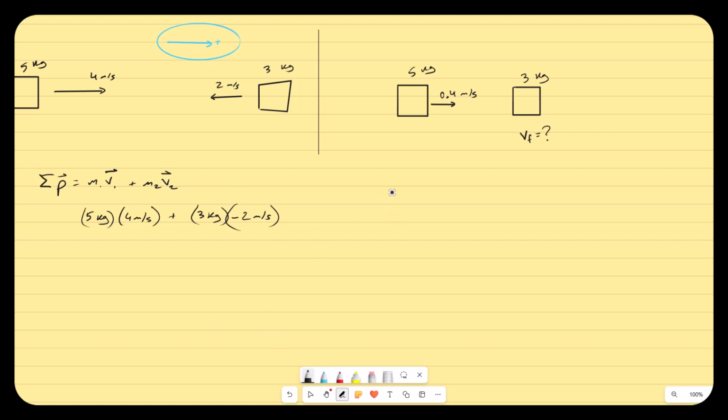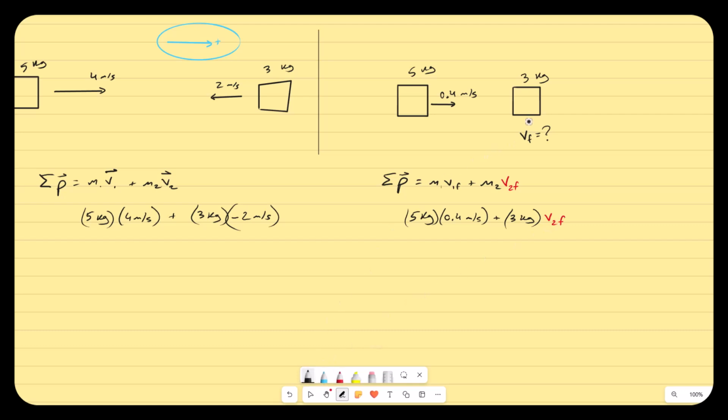My final momentum, I'm going to get an m1v1 final plus m2v2 final. So 5 kilograms times 0.4 meters per second plus 3 kilograms times V2 final.